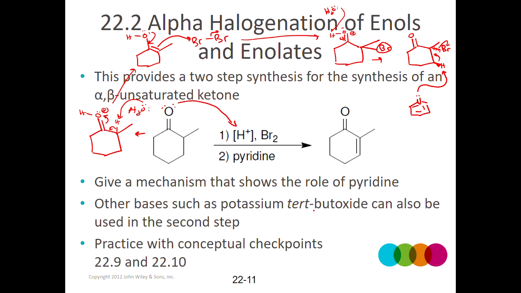We don't need pyridine necessarily. We could also use a different base to pick off that proton. A very sterically hindered base, though, might actually pick off this proton because it's on the methyl group out here and it's not as much steric hindrance, and if it picks up that proton to push out the bromine, you might get a different regiochemical outcome.